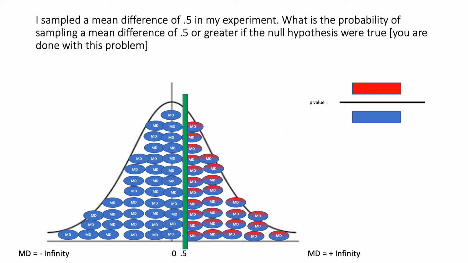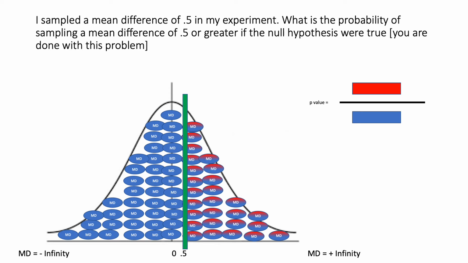So my p-value for this problem once again represents red over blue. And let's just eyeball it. That looks like 40% to me, right? So our p-value is 0.4 in this problem. We're just eyeballing it right now, but that red area represents the p-value.